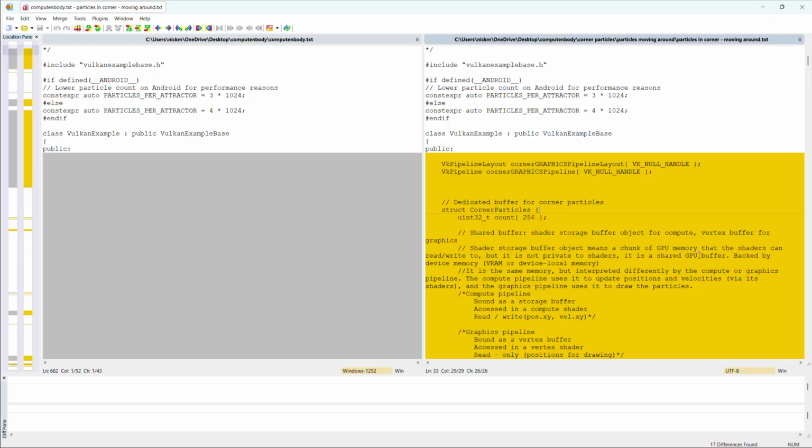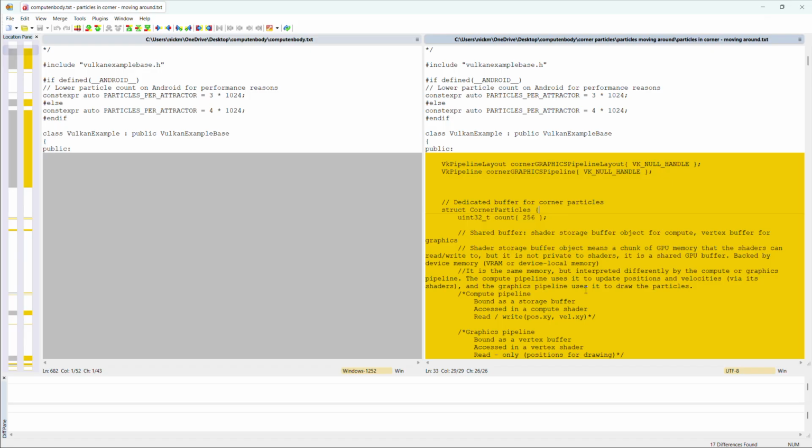It is a shared GPU buffer, backed by the device memory, VRAM, or device local memory. It is the same memory but interpreted differently by the compute or graphics pipeline. The compute pipeline uses it to update positions and velocities via its shaders, and the graphics pipeline uses it to draw the particles, right?